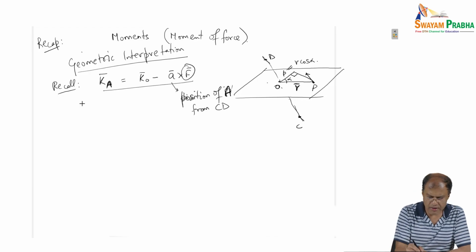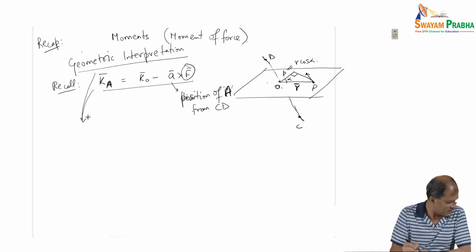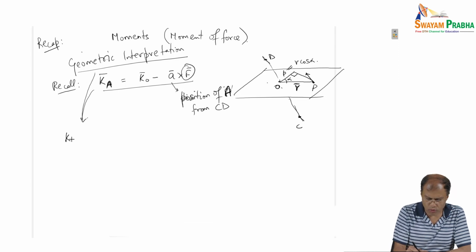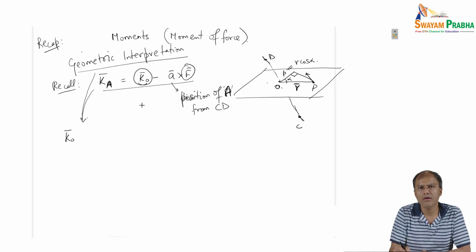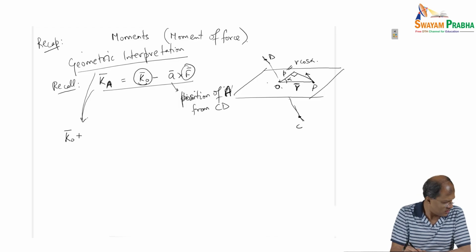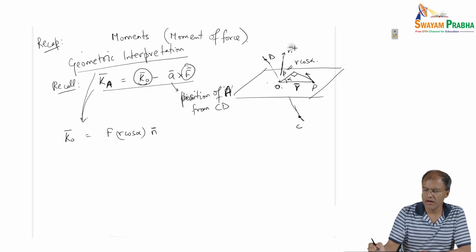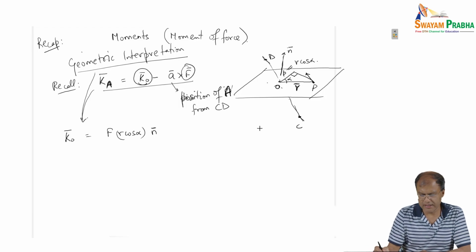Now coming back, as I'm trying to highlight the geometric interpretation, Ko, the moment about the origin of the frame, is going to be F r cos alpha times n, where n is the perpendicular direction.